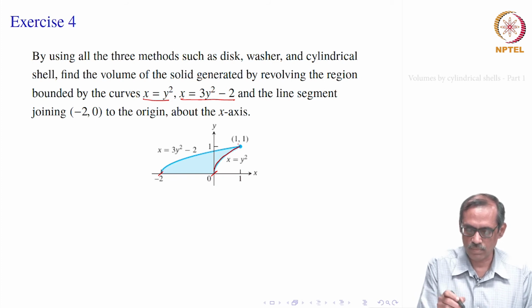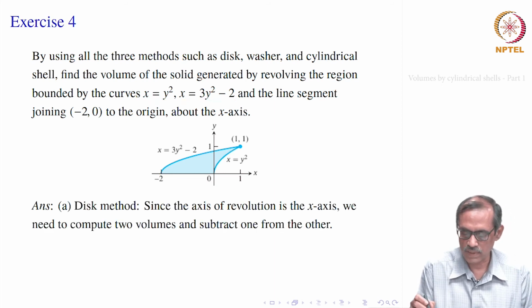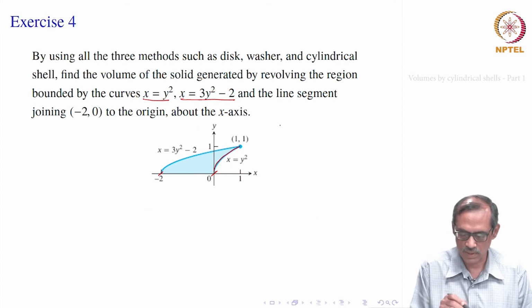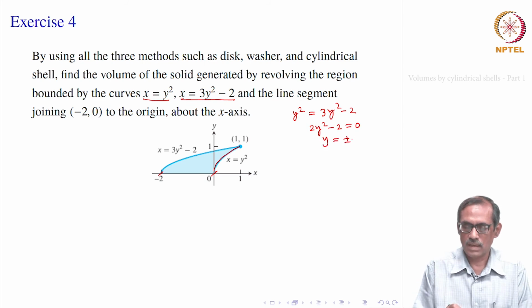So, first of all we should find the points of intersection, right. So, what are the points of intersection here? It has not been computed, but let us compute. So, we have x equal to y square and the other one is 3 y square minus 2. So, that gives 2 y square minus 2 equal to 0, or y equal to plus or minus 1, okay.